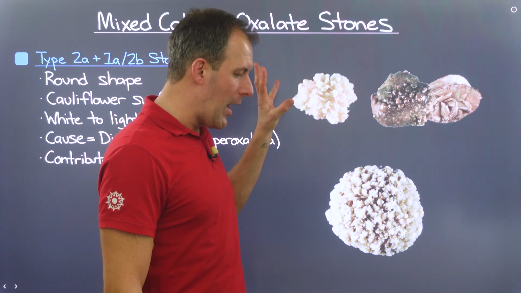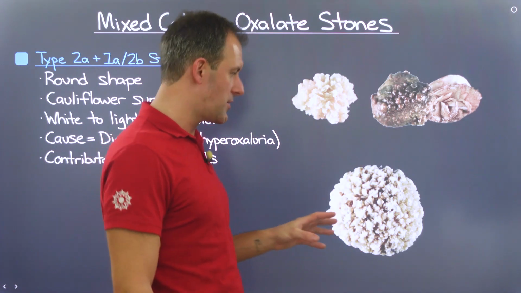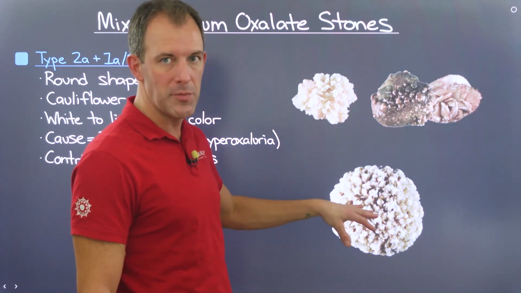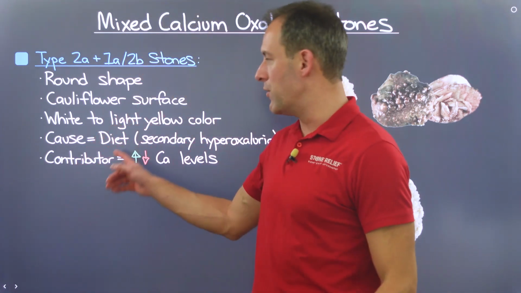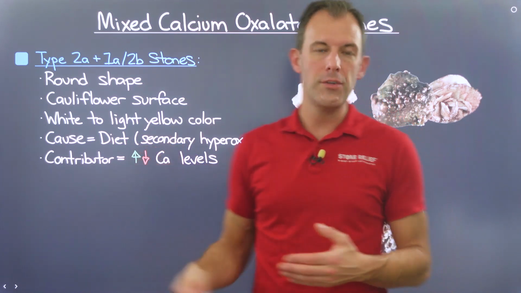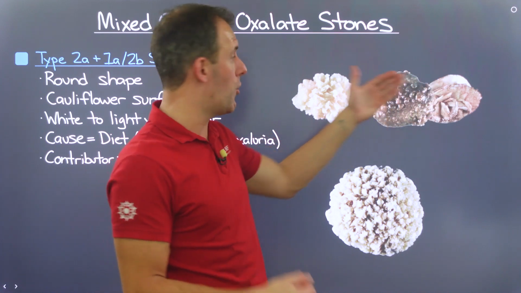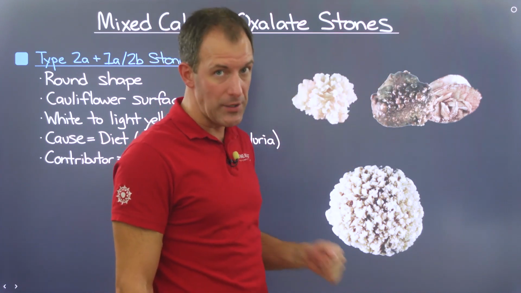So hypercalciuria means elevated levels of calcium in the blood. So this is kind of what we're seeing here in terms of the physical manifestation, and then those varying levels of calcium are going to be a contributor to the, again, percentage of a monohydrate stone or percentage of a dihydrate stone.